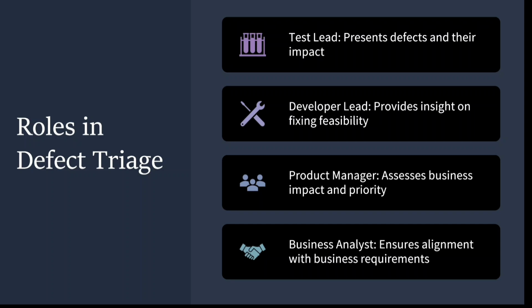Another is the developer lead. The developer lead needs to know whether this defect needs to be fixed or not. Then the product manager will know which defect will impact the business. That is the most important one. And the business analyst will check the documentation, and they will also know based upon the severity of the defect.